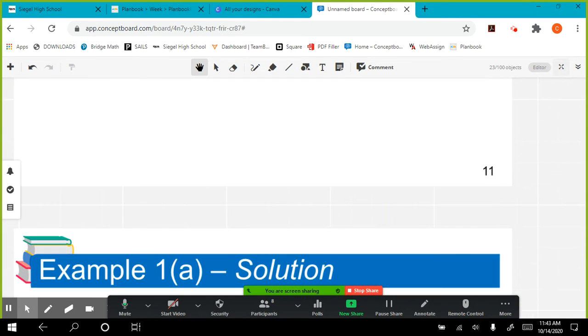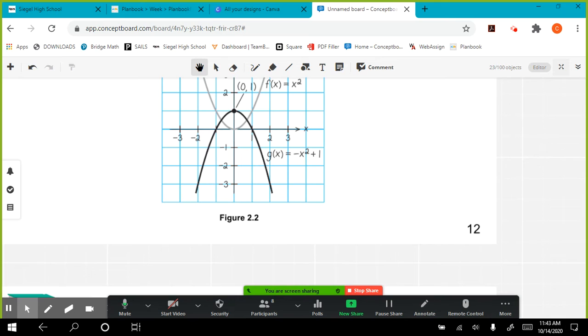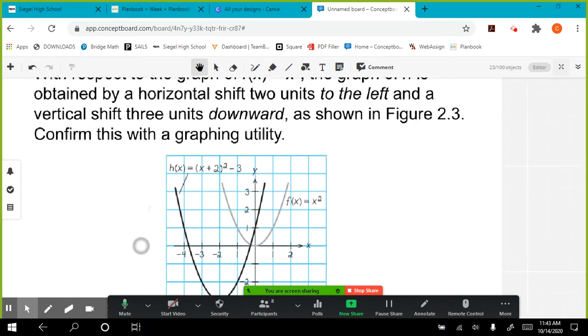So I'm going to skip over where they draw these two, because that's what we just did.